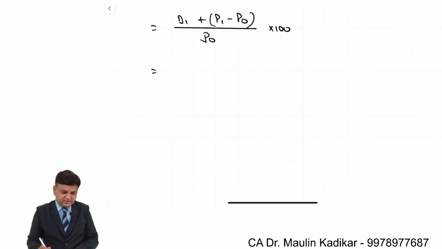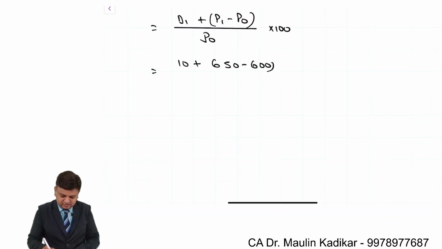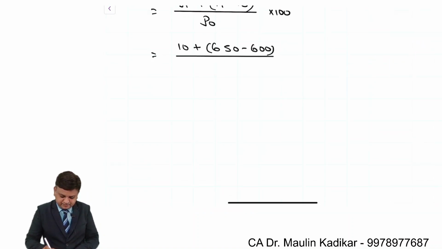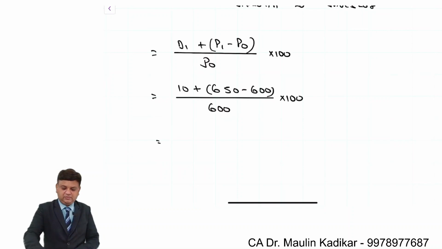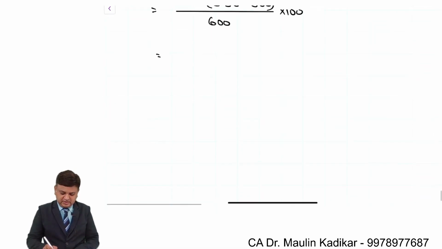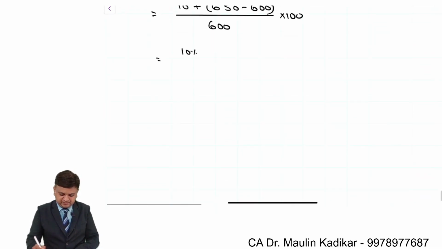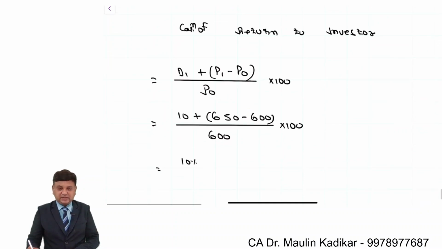What is D1? D1 is rupees 10. What is P1? P1 is 650 minus 600, whole divided by 600, into 100 for getting the answer in percentage terms. This is the way the return can be found. So 50 plus 10, that is 60 rupees upon 600 into 100, that comes to 10%. This is the way the return can be calculated.